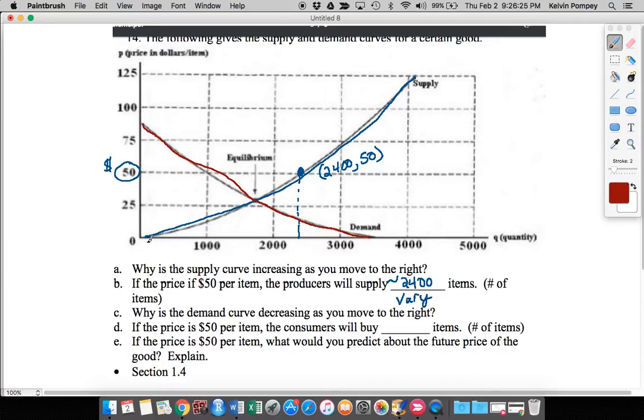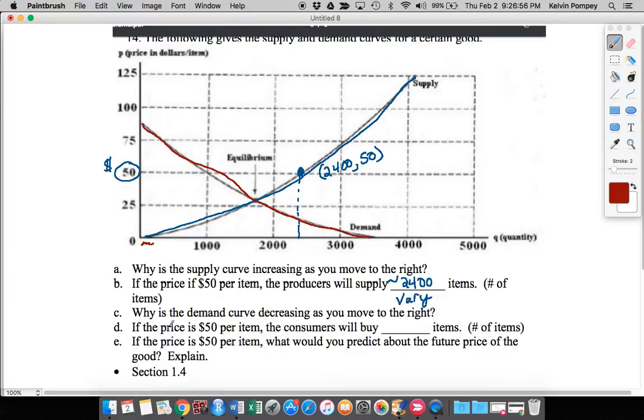And so that's why you see for these low quantities, like 100, 200 items at this very high price of between 75 and $100, not a lot of people want to actually buy that. But as the price decreases, the number of people who are willing to buy the product actually increases. So as price increases, the demand decreases, and that's why we have a decreasing function here.